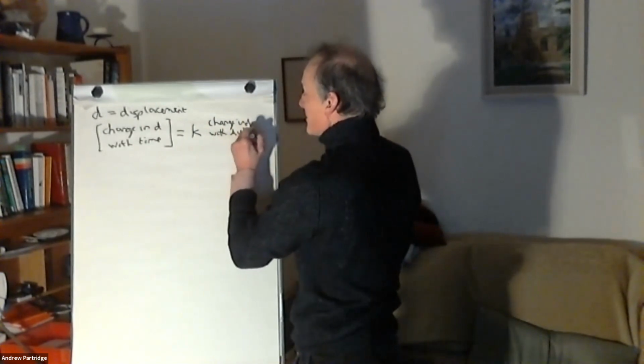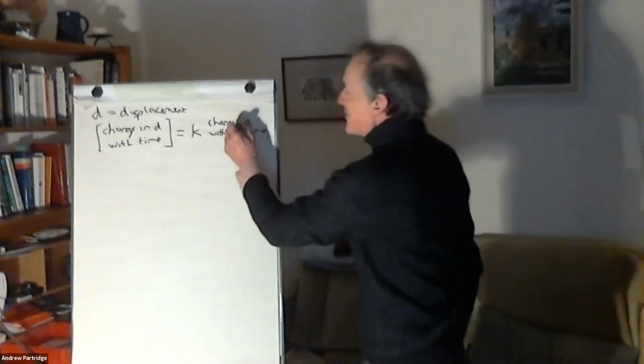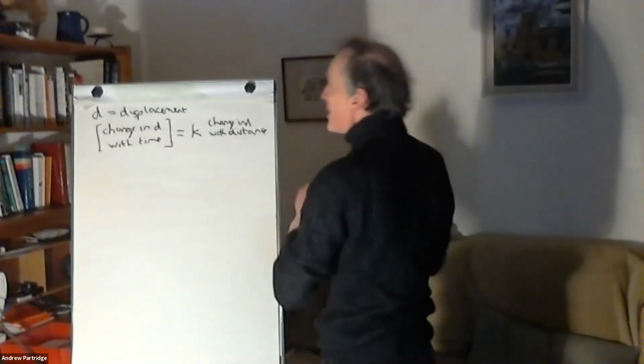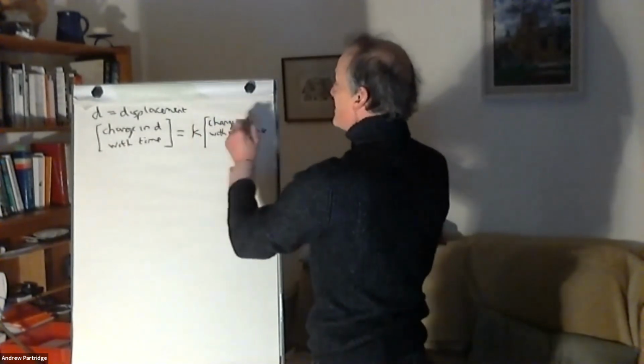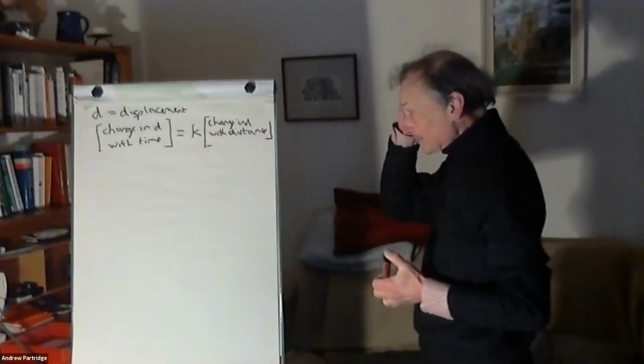Sorry, I might not be able to see that awful writing. That is what gives a wave, when the rate at which the thing accelerates in time depends on how the spacing in the distance is changing.